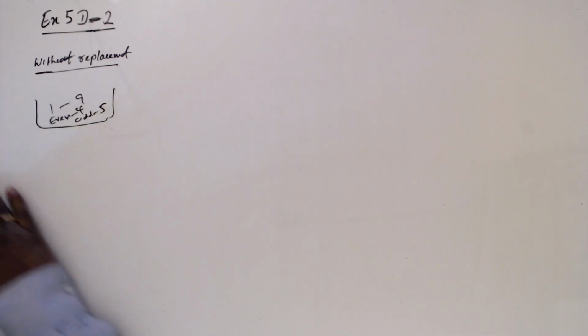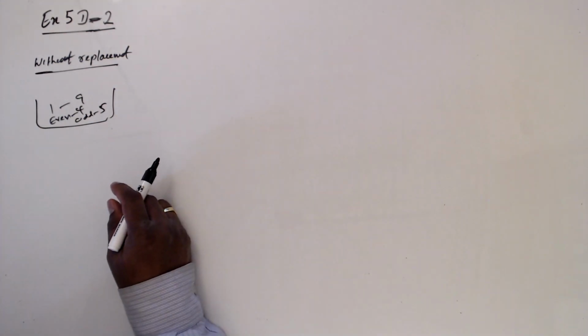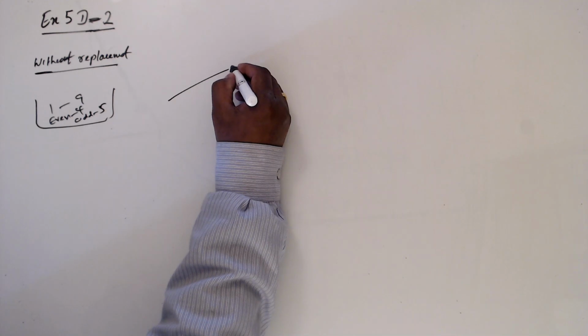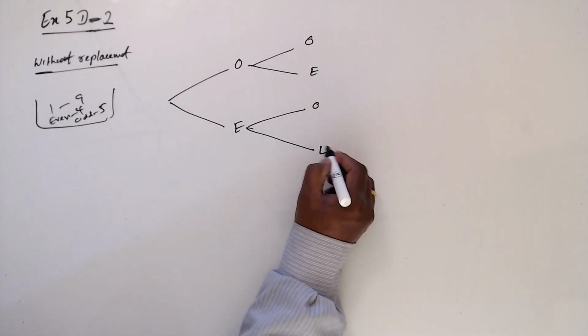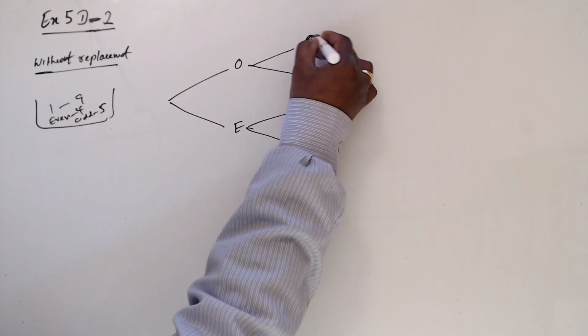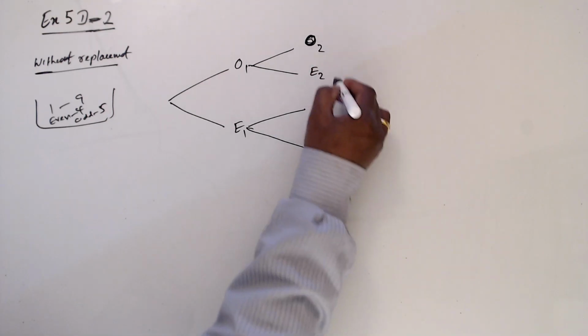Now there are two drawn. The first one: odd, even, odd, even, odd, even. So this is first taking, this is the second.